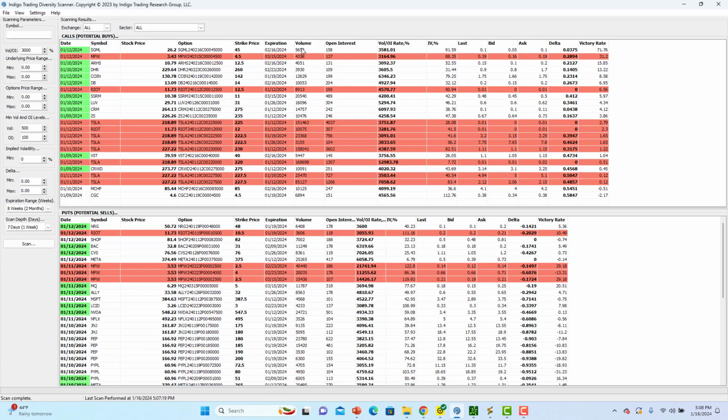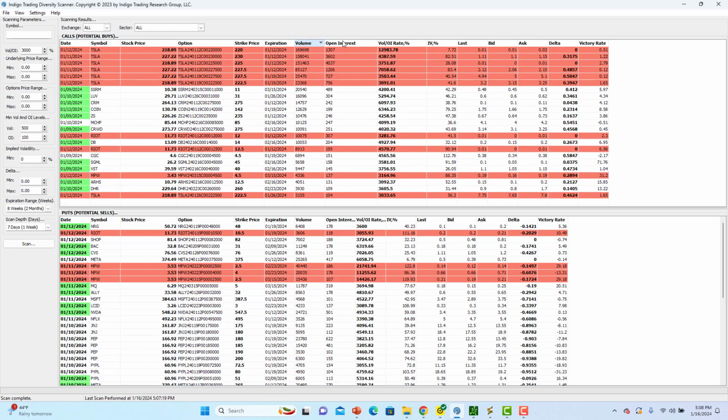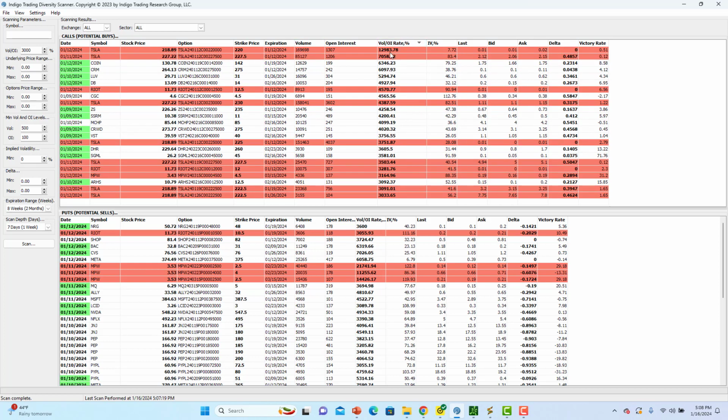Okay. Now, I also like sorting by the volume to open interest. So for example, Tesla, they played a 220 call, and this was 169,000 contracts when there was 1,300 contracts open for the expiration. This was last week's expiration.